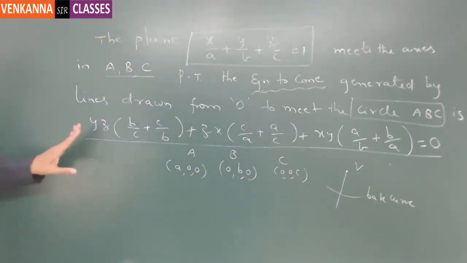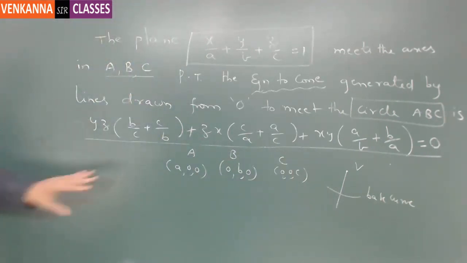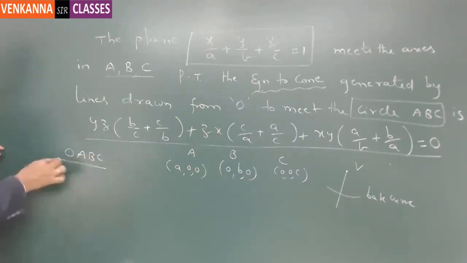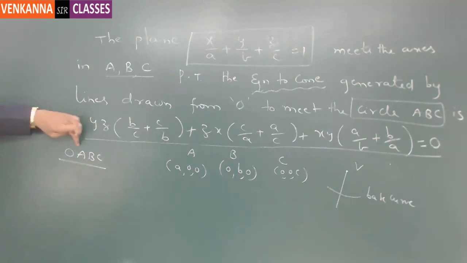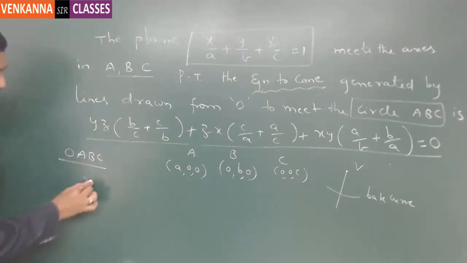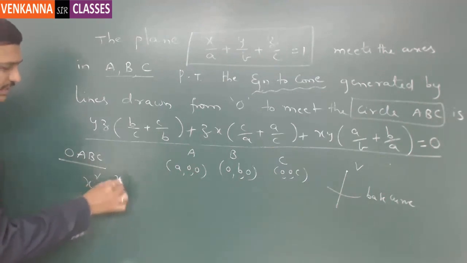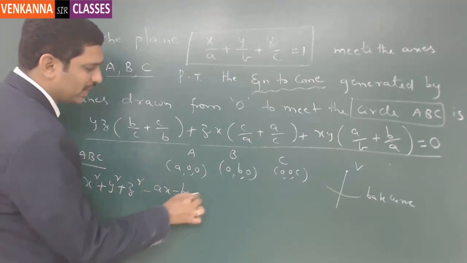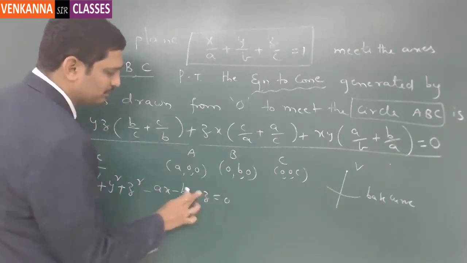And if you want to consider the sphere, I will consider the sphere as passing through O, A, B, C, because in order to determine a sphere equation, we should have 4 points. The 3 points are taken as they are, and I have taken the origin as an extra. So using the 4 points, the sphere equation will come as x² + y² + z² - ax - by - cz = 0.